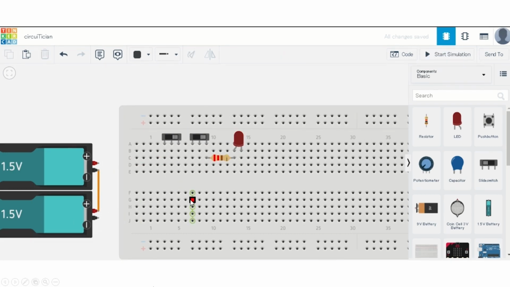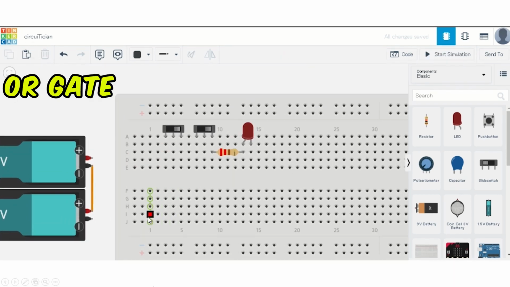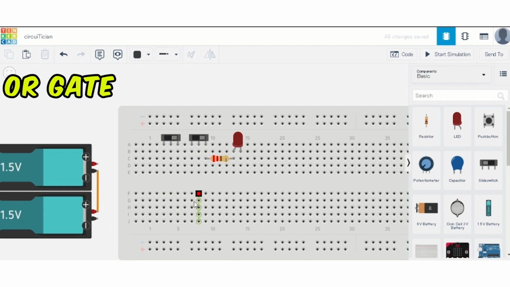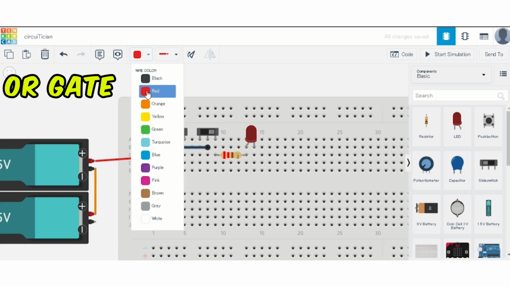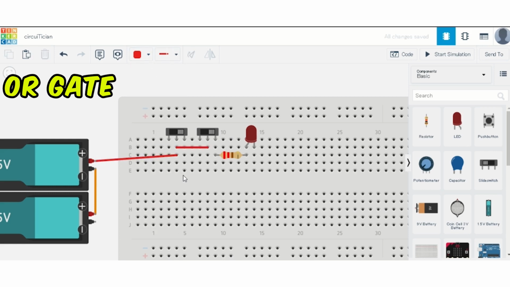Now we will make the circuit of the OR gate in the breadboard. In the OR gate circuit, the switches are connected in parallel. So for that reason, we will connect the positive of the battery supply or power supply to the center point of both the switches. And I am making the wire color red as it is from the positive pin of the supply.